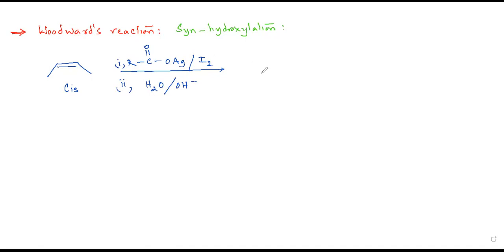In this case, we get syn diols like this. So a syn diol is what we get in Woodward's reaction. Okay. Next.